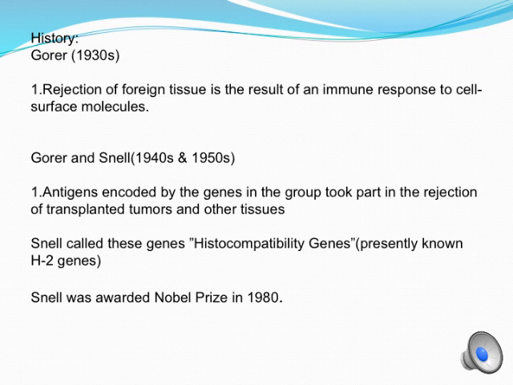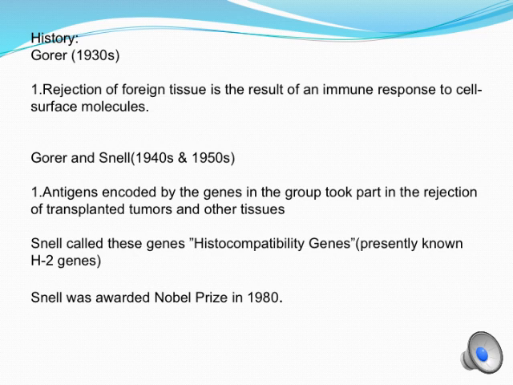So anything that is coming from outside, although you match certain things and only then we transplant, still if it's coming from an external source, from a foreign body, that will be a foreign thing inside my body. So every time this is not happening, but many a times we can see that there is tissue rejection by our own self tissues. So Gorer was basically working on this thing.